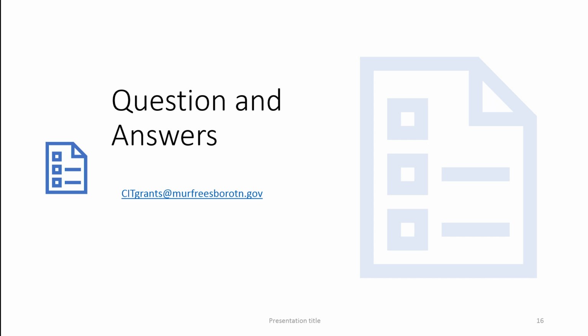What are the documentation requirements for these awards? You'll have to provide your 501c3, a board list, an org chart, and then 990s if you have those, and then the budget form and the financial questionnaire.